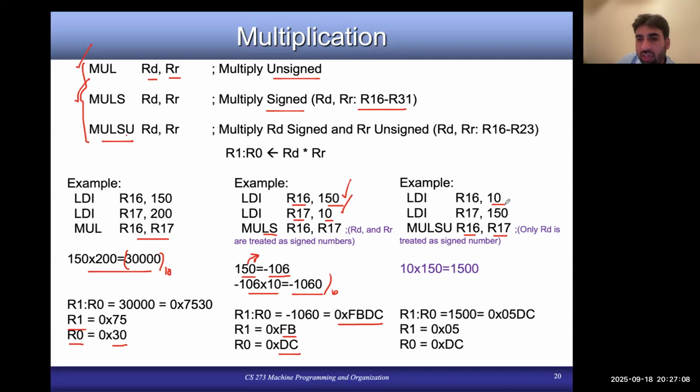Even when you assume the bit pattern is representing a signed number, 10 is equal to positive 10. You can confirm for yourself by converting into binary and doing the math. So when you multiply, it will be 1500. You convert it into binary and hexadecimal form, and the lower half goes to R0 and the upper half goes to R1. Okay. Any questions?